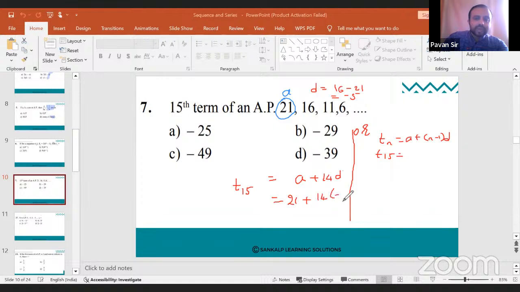A is 21, D is minus 5. So 21 and 14 into 5, it is 70. So 21 minus 70, what is the answer? It is nothing but minus 49 is the answer. So option C is the correct one.